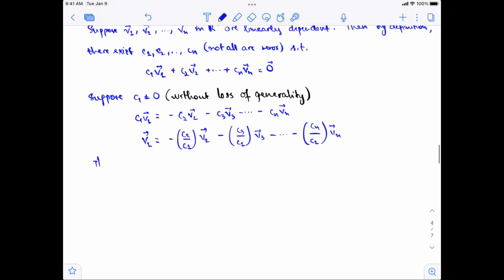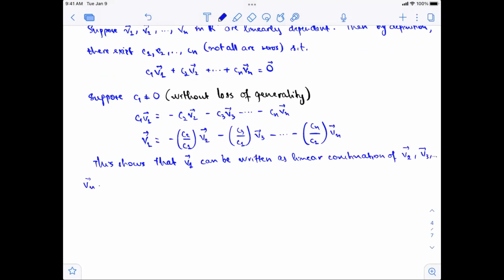So this shows that V1 can be written as a linear combination of V2, V3 to Vn.